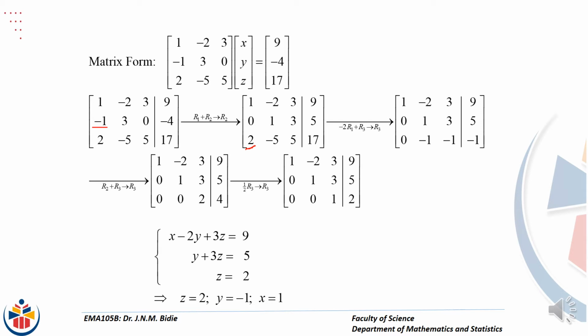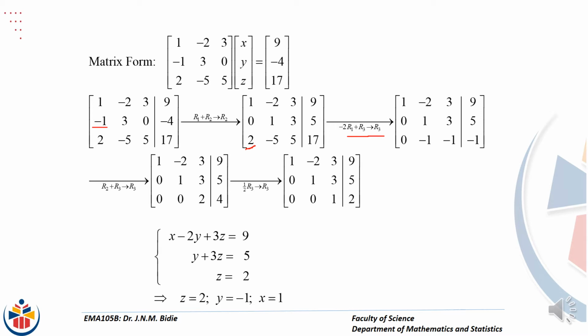We said equation 1 will be multiplied by -2, and your answer will be added to equation 3, and your answers will replace equation 3. Note the format that we're using there: -2 times row 1 plus row 3, substitute in row 3.